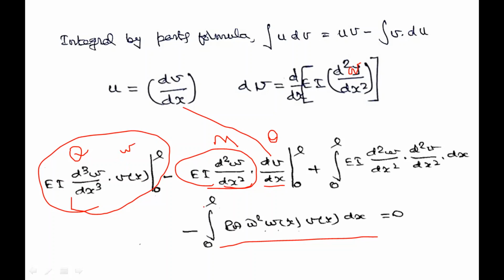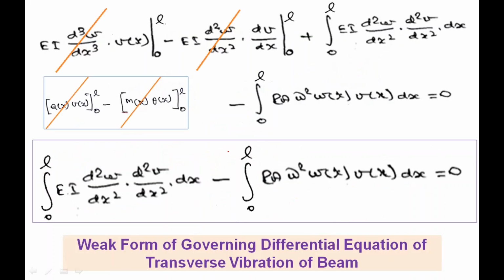We are going to derive the element characteristic equation for free vibration. There will not be any external force or external moment, so we can easily neglect these two terms and get only the remaining two terms. The terms Q of x into v of x and M of x into theta of x can both be eliminated because it is a free vibration problem.